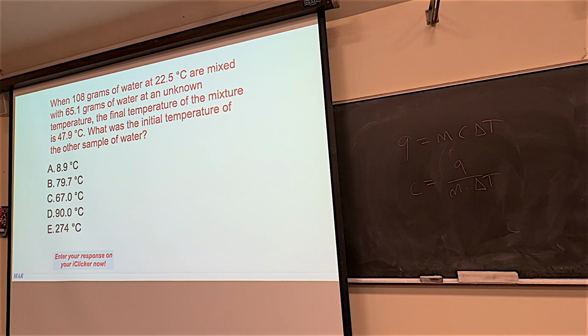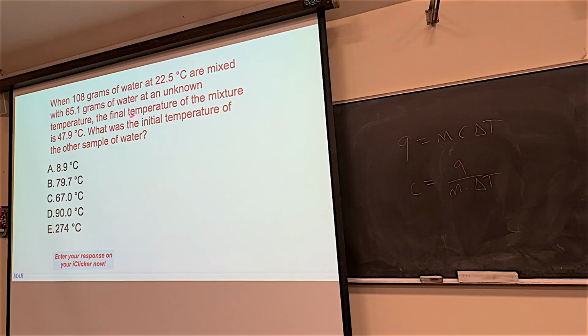This question is kind of like what we talked about earlier, where you have a hot and a cold, and hot plus cold always equals 0 in thermodynamics. So in this question, we've got 2 samples of water. One of them is cold.